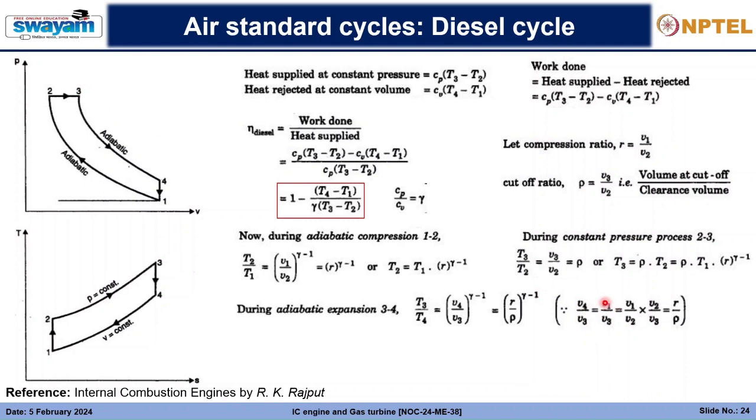V4 by V3 we simply change in terms of R and rho. That can be done as shown here, and you will finally get the value of T4 in terms of T1, that is rho to the power gamma.